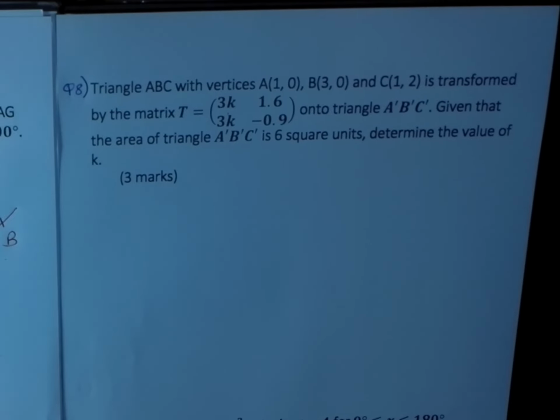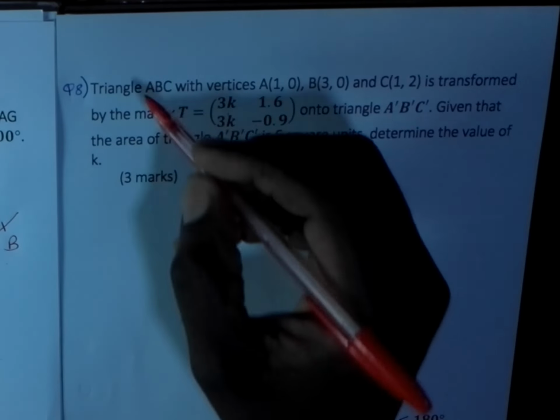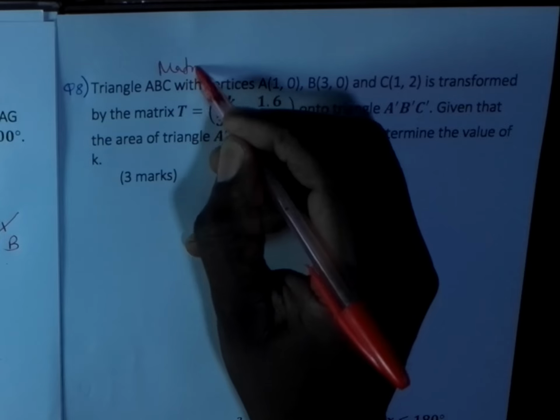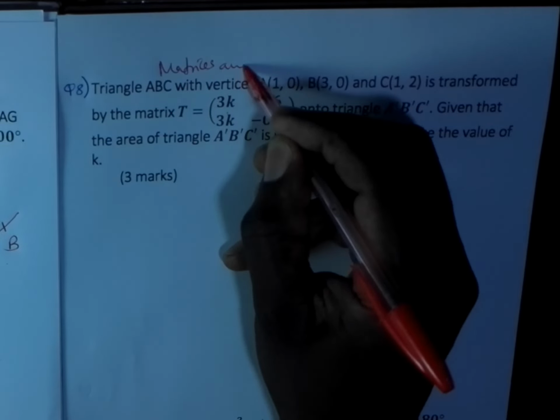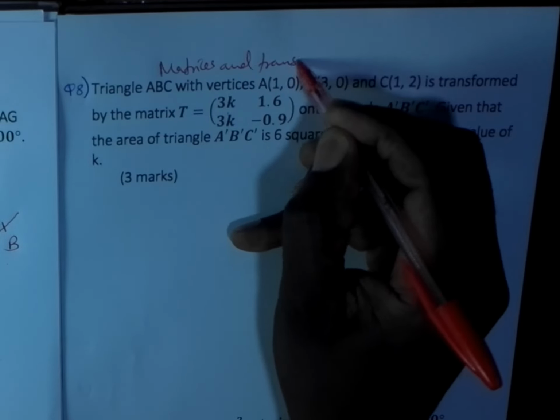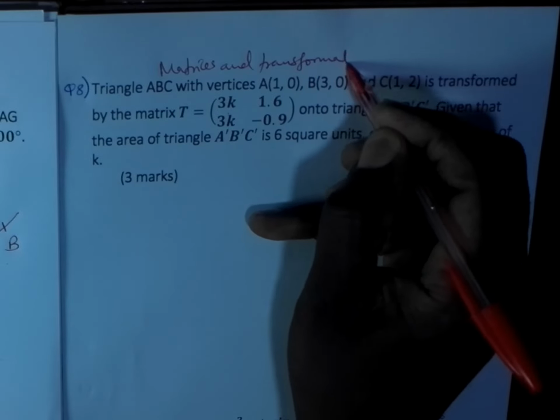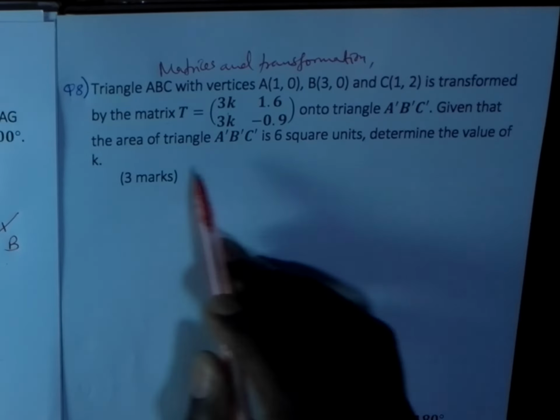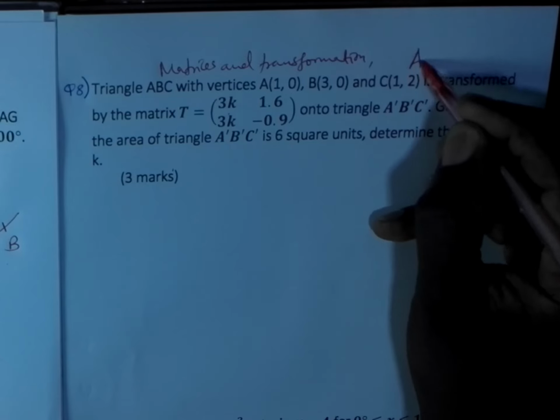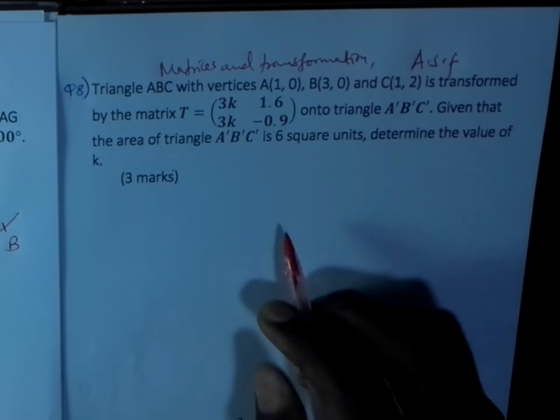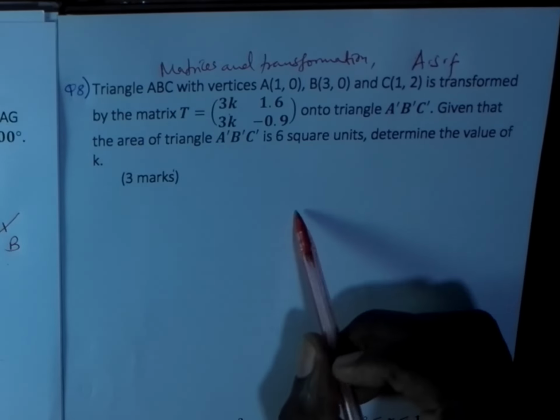So this question comes from the topic of matrices and transformation. From the four-question topic, it is testing on the area scale factor, you need to know that, and also the determinant of a matrix.